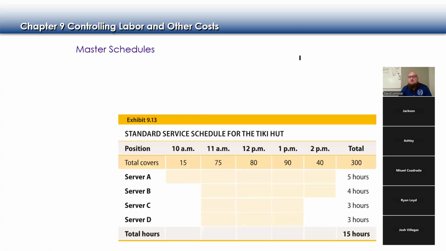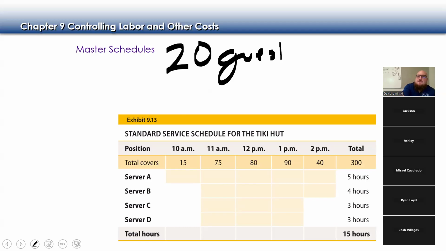All right. Using master schedules is another way that we can control how many hours we're spending on labor. Okay. So in this case, if we're looking, our productivity for servers is probably going to be about 20 guests per hour.